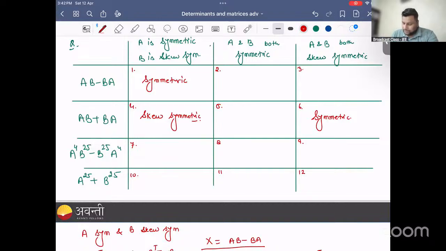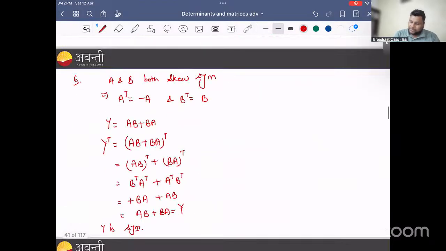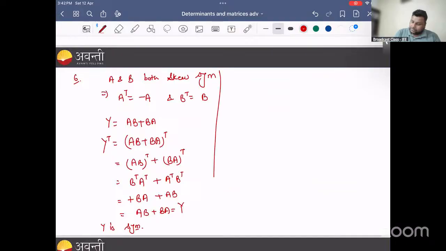Now I'll do the seventh part. A to the power 4, B to the power 25 minus B to the power 25, A to the power 4. Seventh means A symmetric, B skew symmetric.